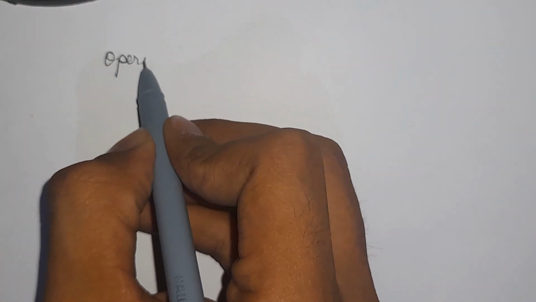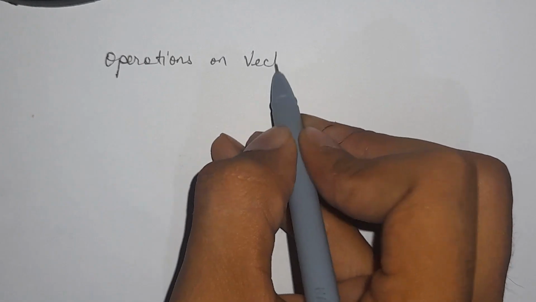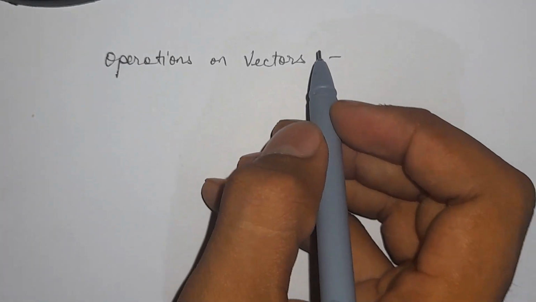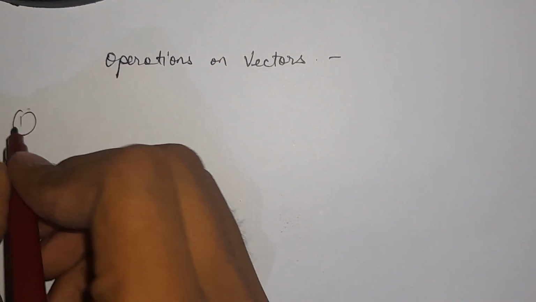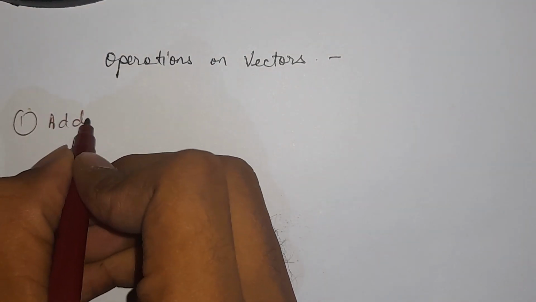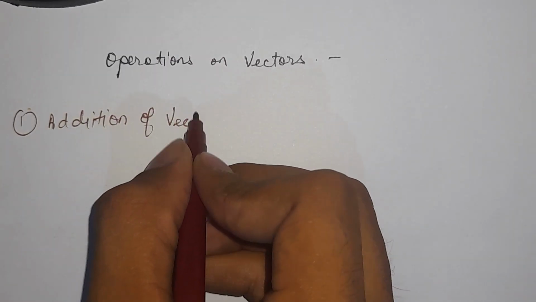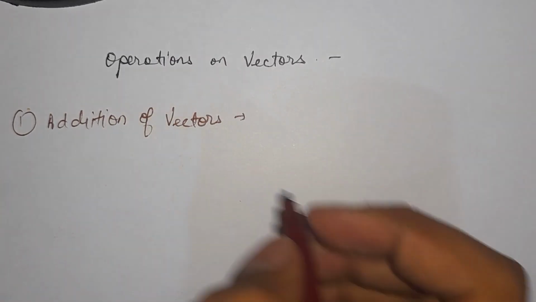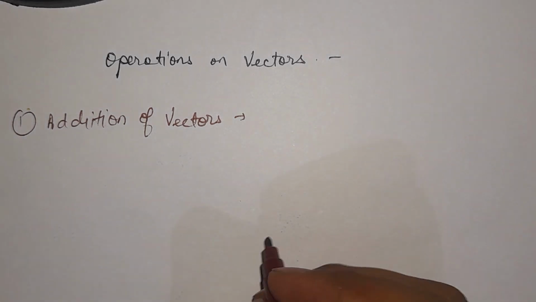Now we will learn some operations on vectors. First is addition of vectors. If two vectors are given, it is called the triangle law of vector addition.